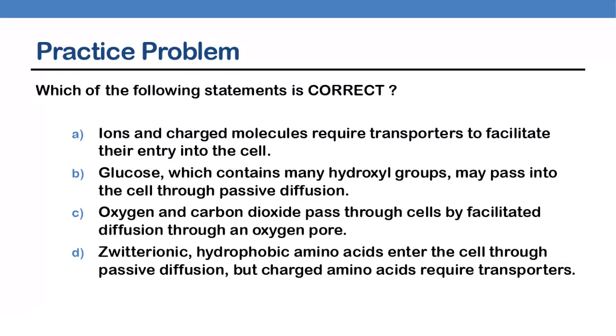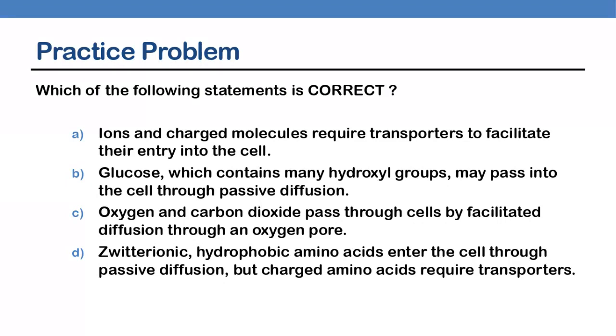Okay, the majority of you guys are choosing A. So we've got a couple picking some of the other options. So glucose, which contains many hydroxyl groups, remember those groups are going to be polar. So those aren't going to really freely cross the cell, so you do need transporters in order to uptake glucose.